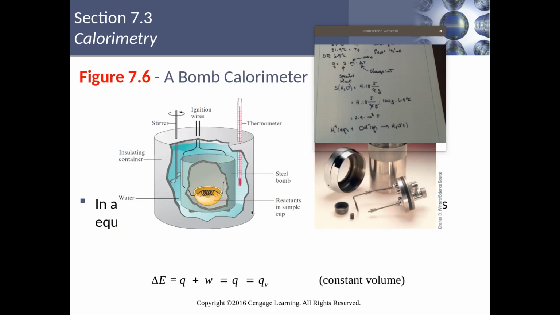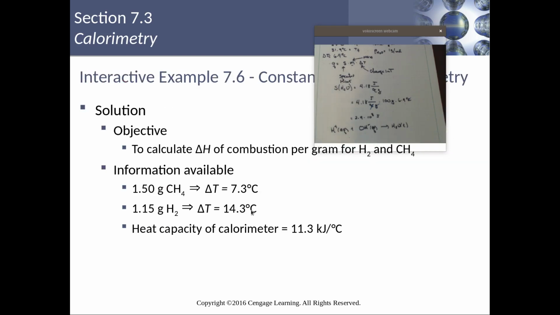So again, let's look at this. Here we had 1.5 grams of methane giving a delta T of 7.3 degrees, and 1.15 grams of hydrogen giving a delta T of 14.3 degrees. I have the heat capacity of the calorimeter, and that's all the information I need to know. How do we do this? Let's just think about this.